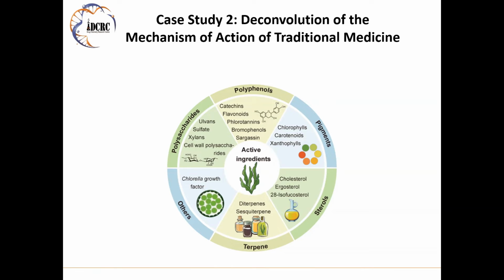If we study a particular plant with respect to a particular disease, certain chemicals will be important for the treatment of that disease, while others can be important for the treatment of other diseases, right? So we need to study which phytoconstituents are important for a particular disease condition, and this can be studied with the help of network pharmacology.